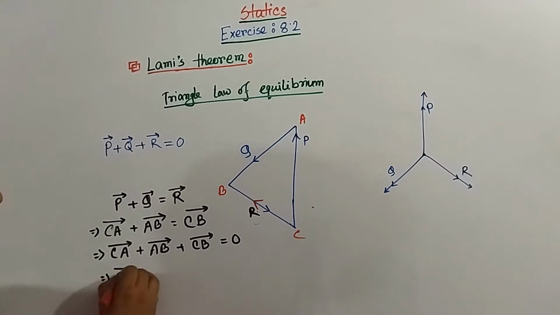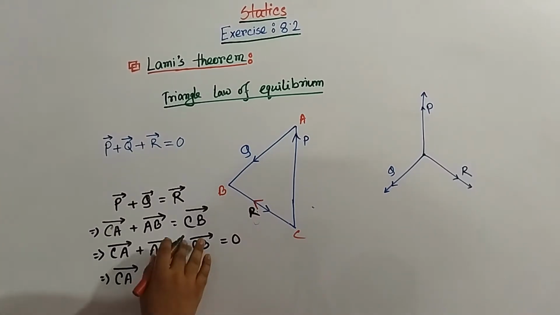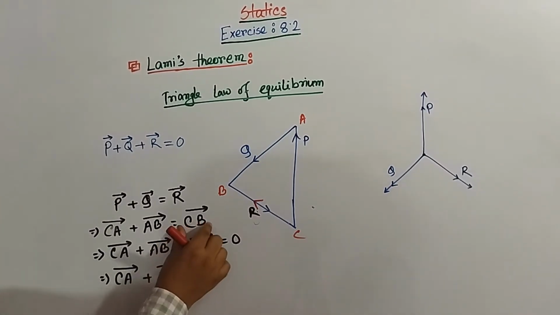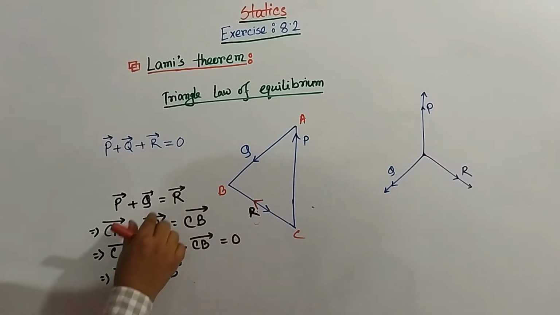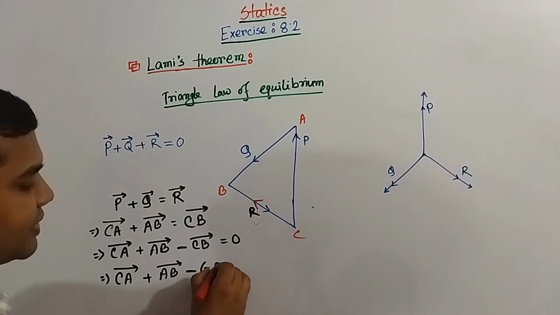So CA plus AB plus, it should be what? Since it was plus, it has come to the left side, so now it is minus. Now CB can be written as minus BC.